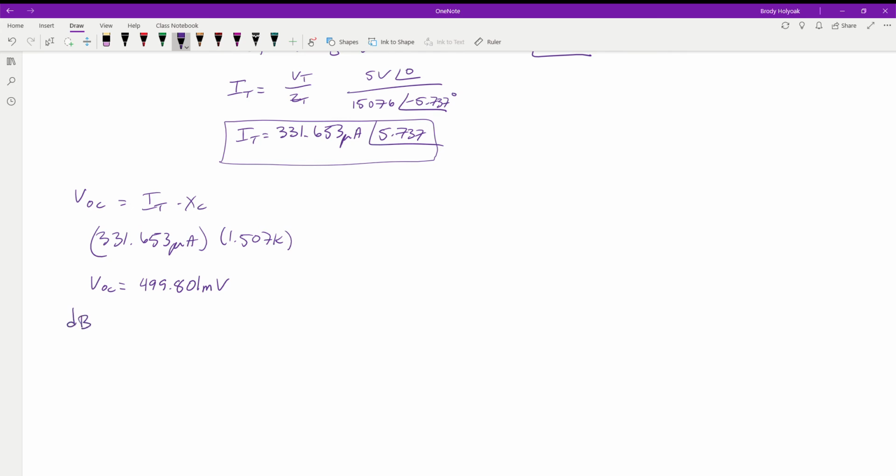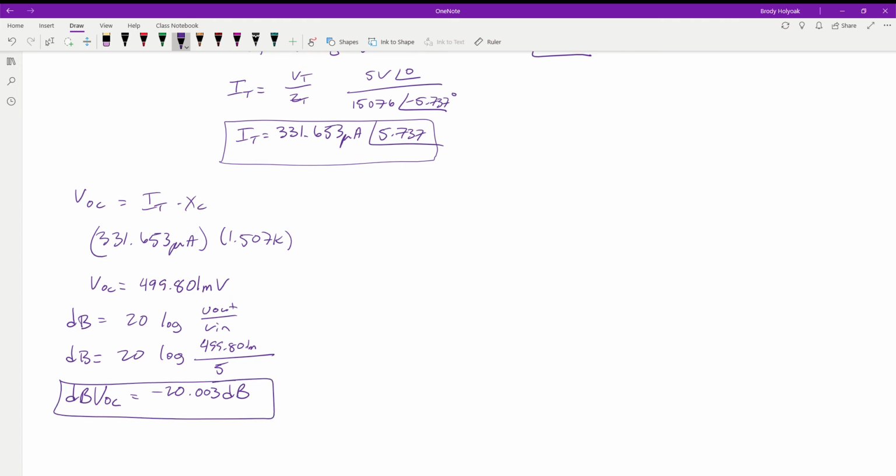For the decibels, we take 20 log of our V out over our V in, so 20 log of 499.801 milli divided by 5. The decibels for the voltage out across the capacitor comes up to be negative 20.003 decibels. Remember, our decibels is literally the ratio of our output to our input.